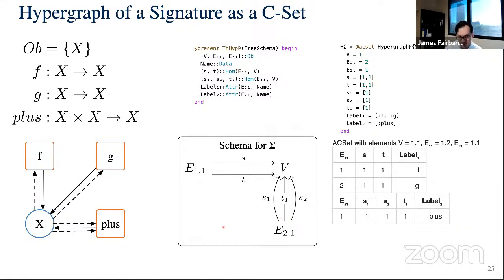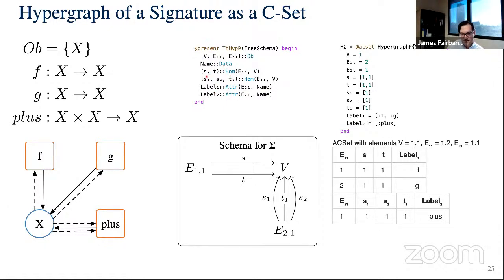So here's what the schema looks like as a picture. This gets compiled into Catlab as this code. So you write down, here are my 3 objects. One of the nice things about Julia is that we have Unicode in variable names and function names, so we can directly translate math notation that way. This data and attribute thing lets us put Julia values into our CSets, which extends the theory of CSets a little bit, but it's super useful.